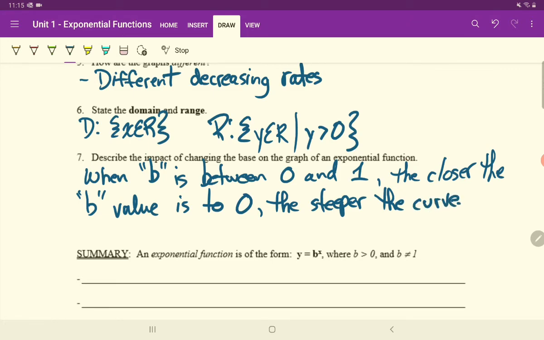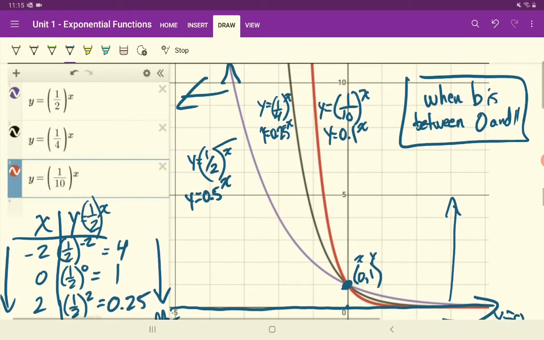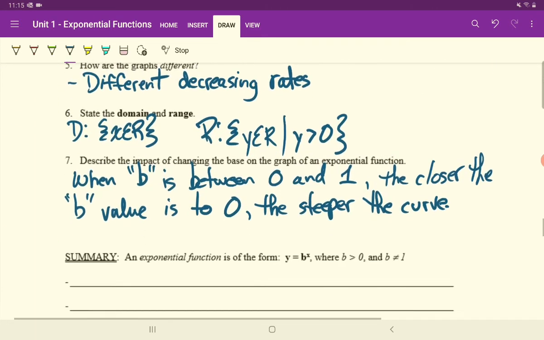These are all just properties. So the closer that you get to 0 as a decimal, for example, 0.1 is closer to 0 than 0.5, the closer you get to 0, the steeper the curve.